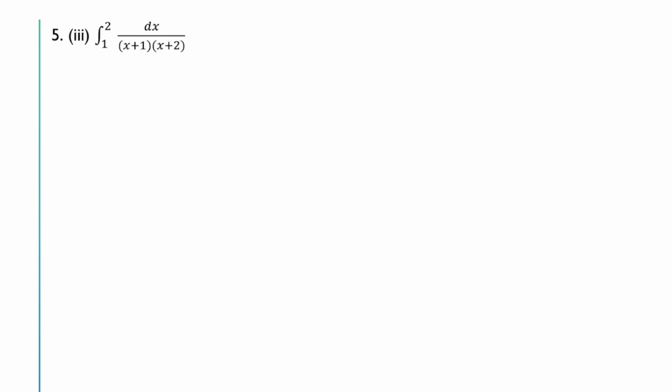The next question, integral 1 to 2 dx upon (x plus 1) into (x plus 2). When we have 1 by (x plus 1) into (x plus 2), we can write this as 1 by (x plus 1) minus 1 by (x plus 2).